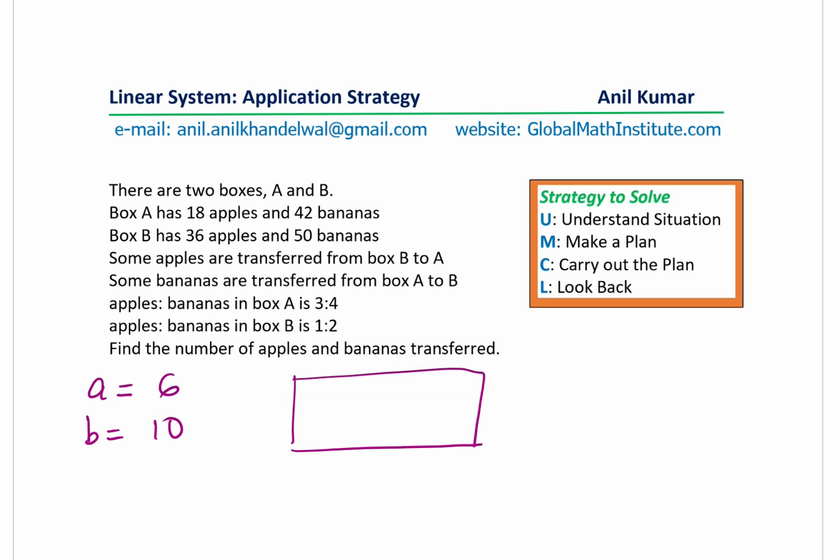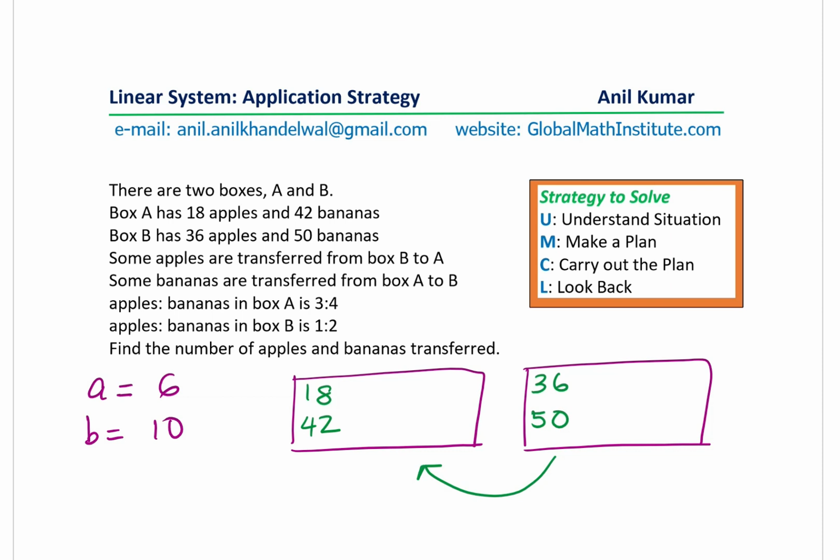So these were the two boxes to begin with. Initially, we had 18 apples and 42 bananas, correct? And the second one had 36 apples and 50 bananas. Some apples were transferred from B to A. So from B to A, we actually transferred apples. So they got added here.